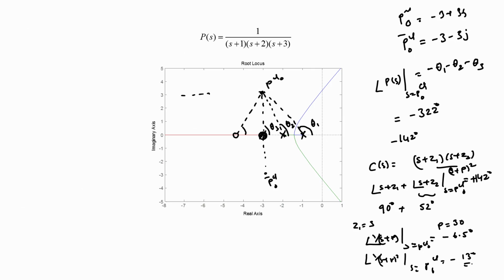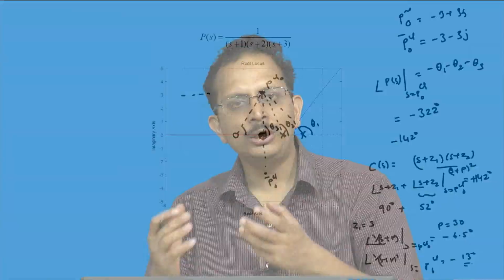So, earlier the 2 zeros were subtending angles 90 degrees and 52 degrees respectively at the point PCL naught. Now, they have to subtend 90 plus 52 plus 13 degrees. Now we can fine tune both the positions or only one of the positions of the zeros. In this case I shall choose not to move the zero Z1, I shall choose to continue to locate it at Z1 is equal to 3.